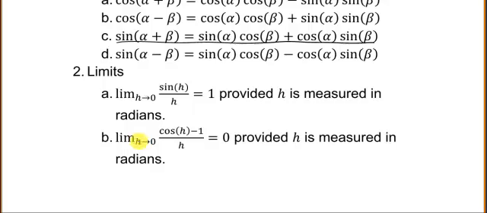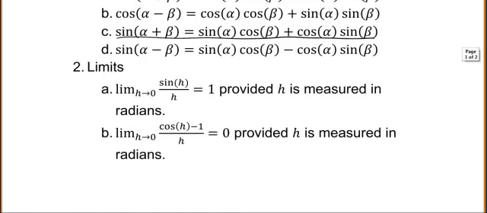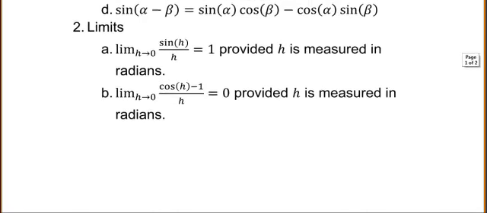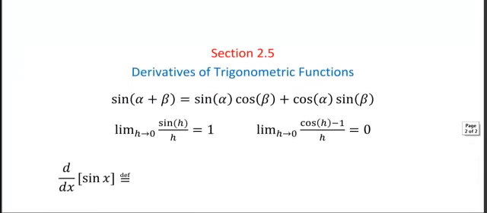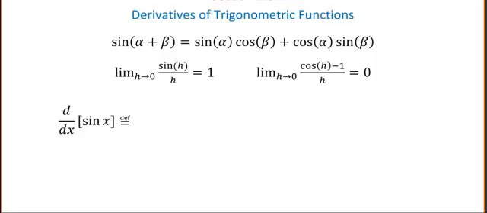And the limit as h approaches 0 of cosine of h minus 1 over h is equal to 0, provided h is measured in radians. We did use the fact that h was measured in radians because we had to depend on that other limit.